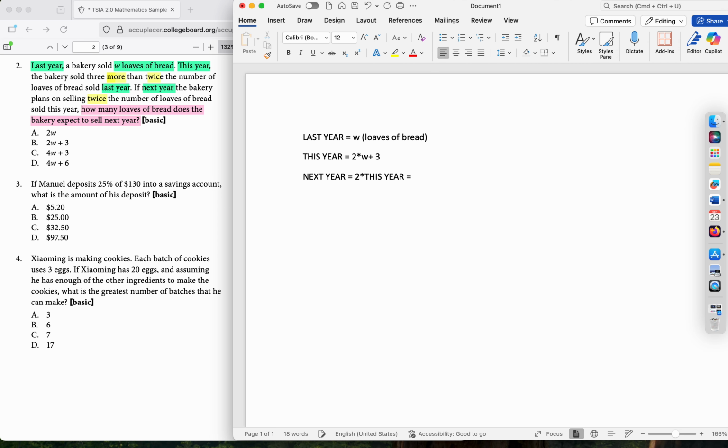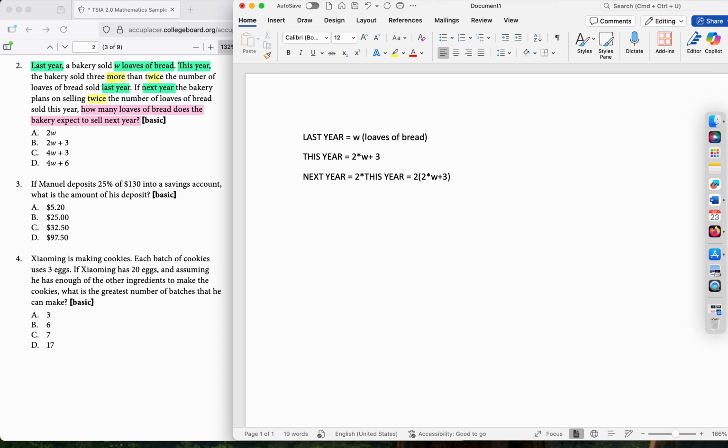Another way of writing that is 2 times what we came up with, right? 2 times (2W plus 3). So we must figure out how many loaves of bread does the bakery expect to sell next year.